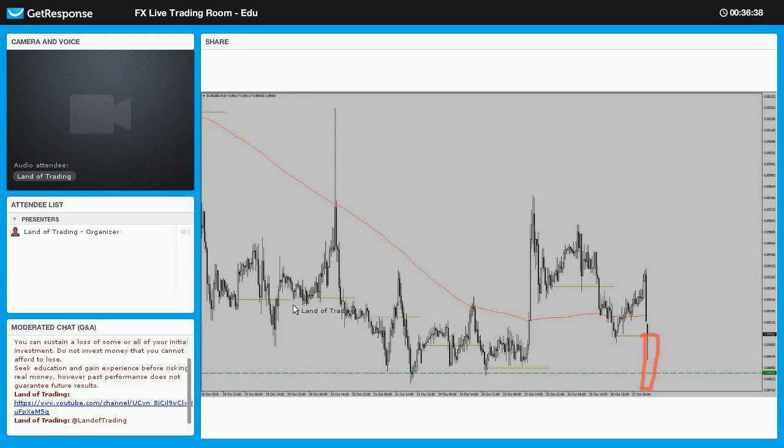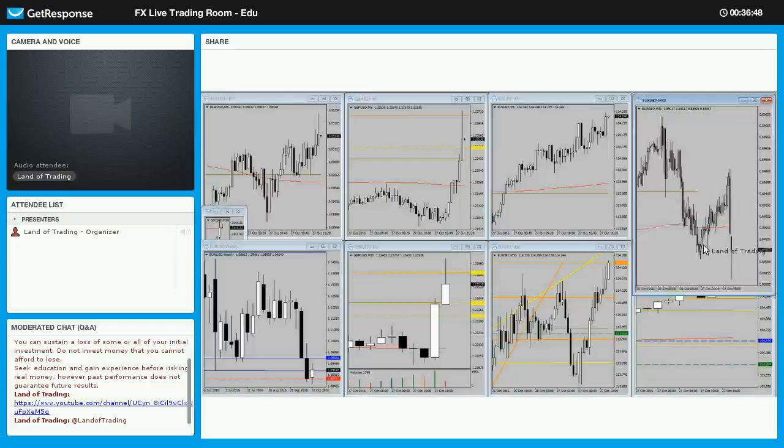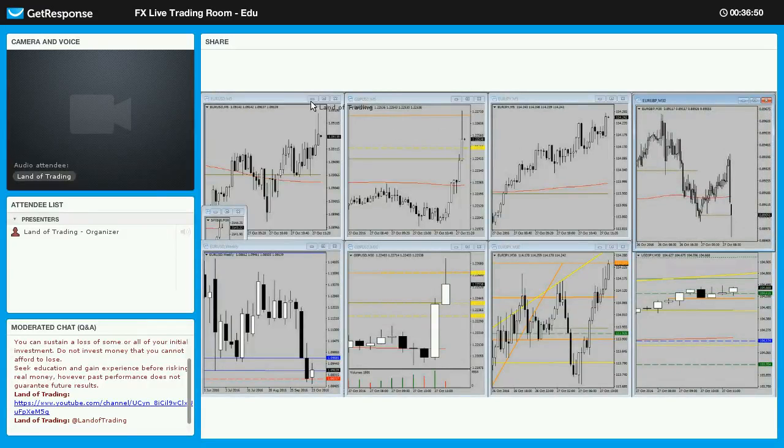Okay, and we should have a bigger picture within the next few minutes. So 2270 has been hit on 5 minutes.